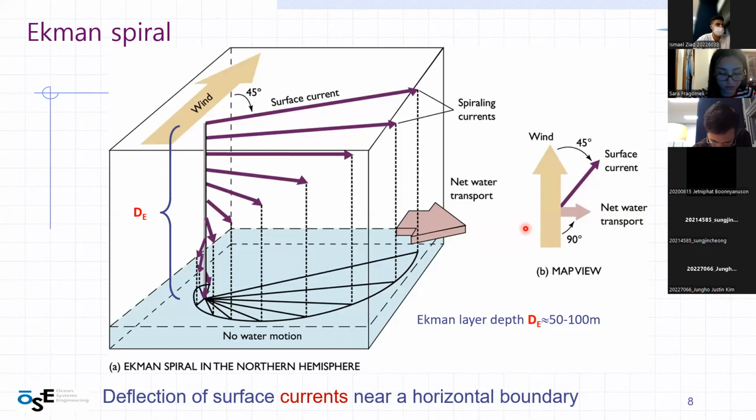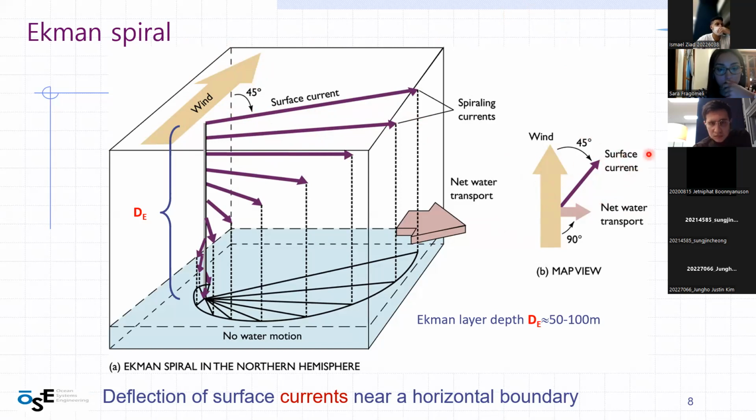The Ekman spiral is the result of a force balance created by a wind shear stress force, Coriolis force, and water drag. This force balance gives a resulting current of the water different from the wind.